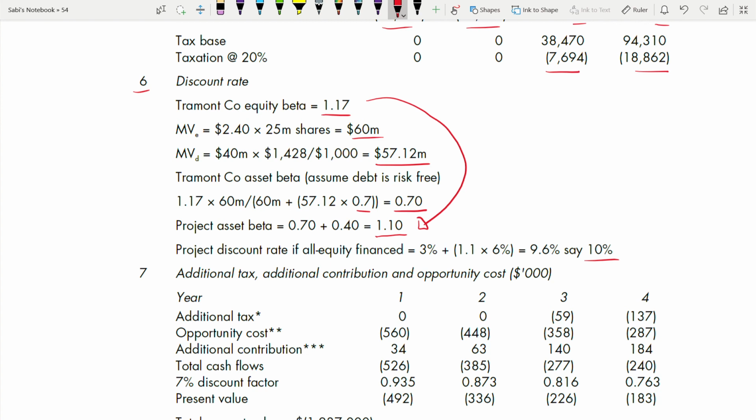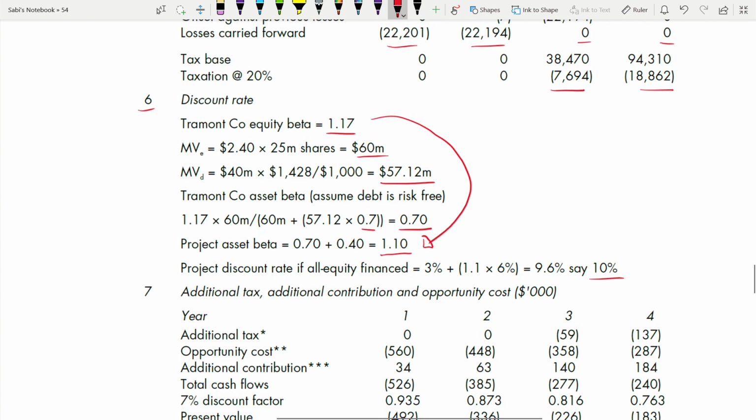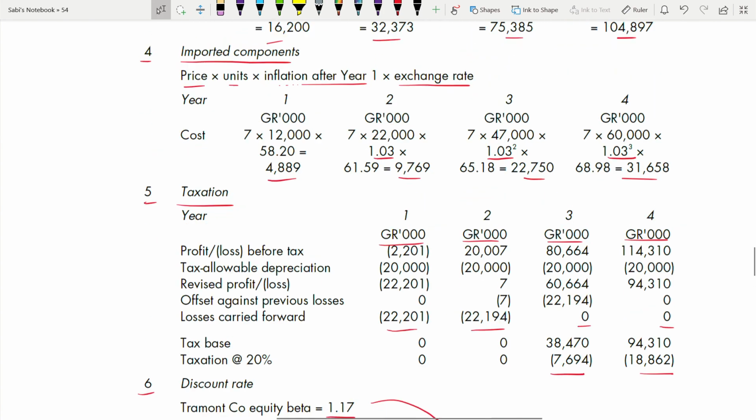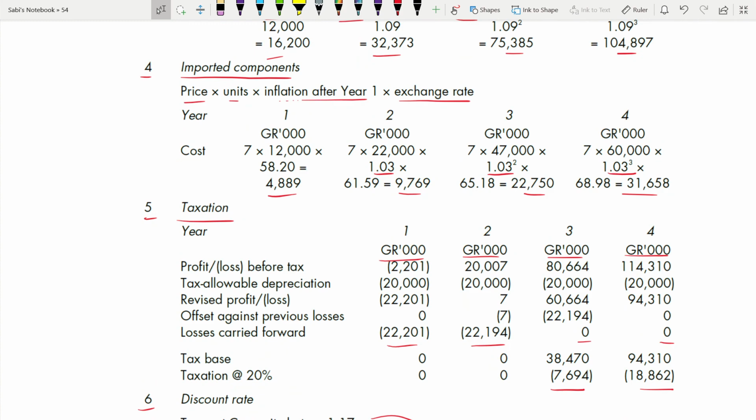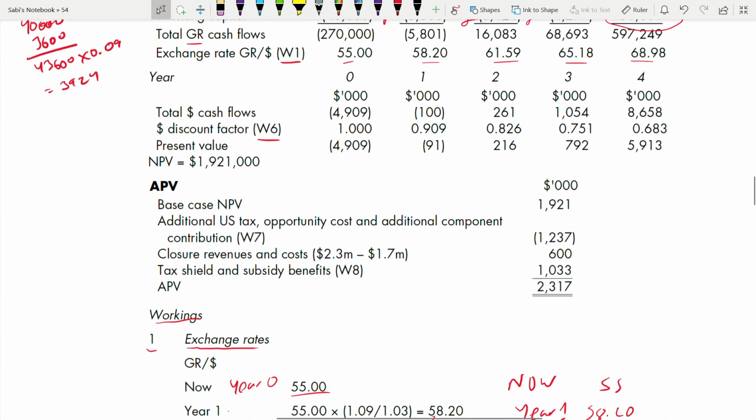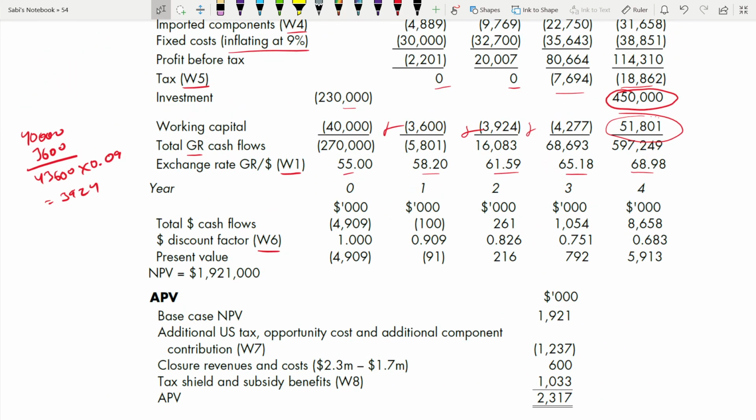Now coming to parts. Before going to that, this discount factor is 10%. That means using that 10%, now we'll discount all this cash flow, the dollar cash flow, and we find the present value. And if you find the net present value, it is this much. Now you have to write it. Don't drop the last 3 zeros.